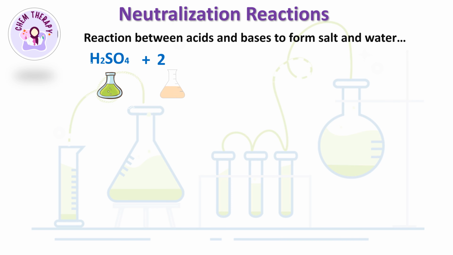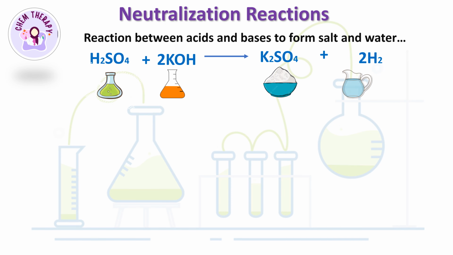Taking another example of sulfuric acid reacting with a base, potassium hydroxide, and forming potassium sulfate salt and water. Sulfuric acid, being a strong acid, dissociates into hydrogen ions and sulfate ions, while potassium hydroxide dissociates into potassium ions and hydroxide ions.